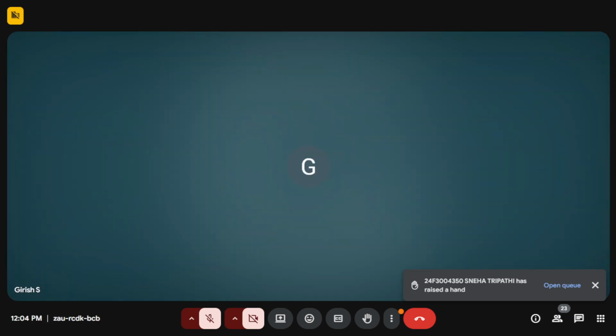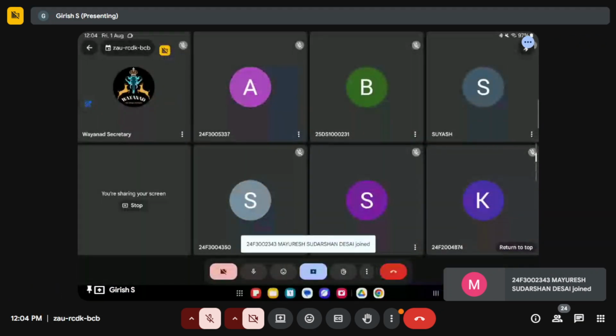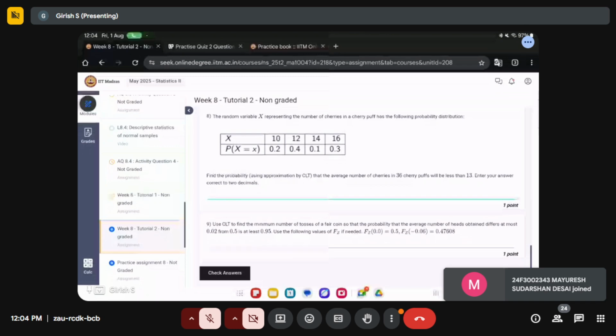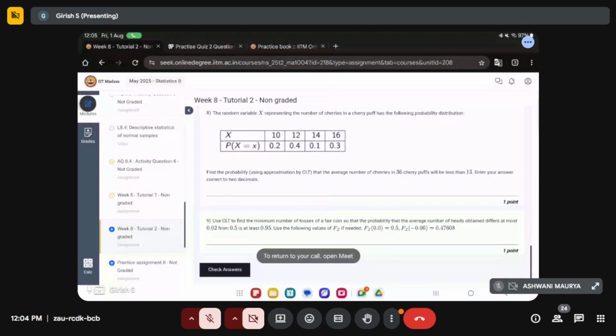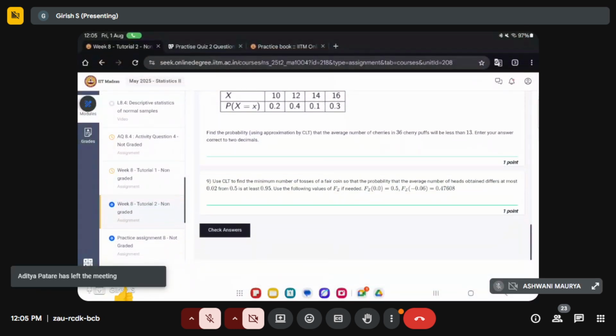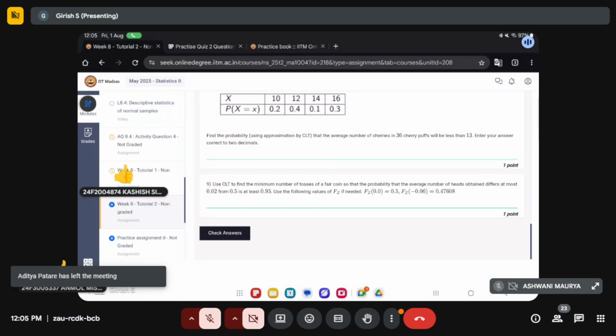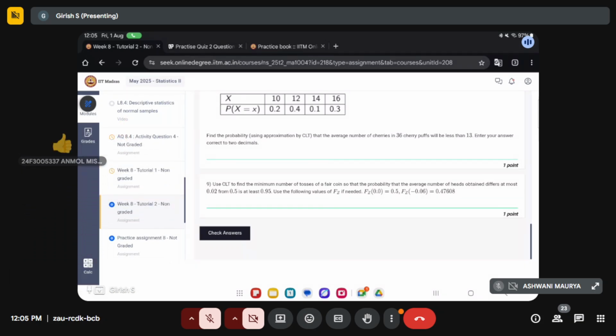Okay, great. Let me share my screen first. Is my screen visible? Yes. Let's take one problem and then I'll explain how to solve problems based on CLT.